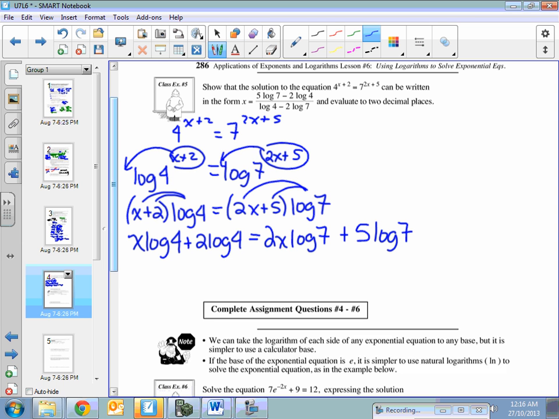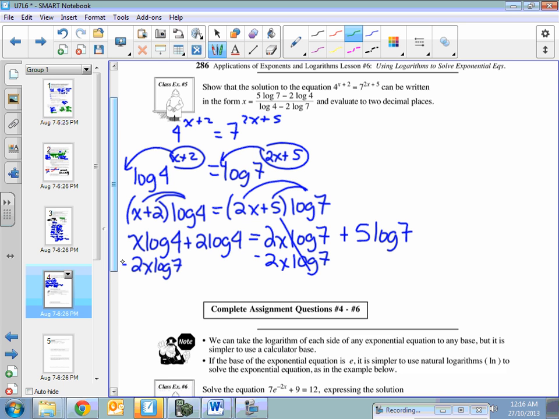The biggest difference on this one is you have x's and numbers on both sides, so you just have to subtract. It doesn't really matter which way you go. So I'm just going to subtract 2x log 7 from both sides. So now I have all my x's on my left-hand side.